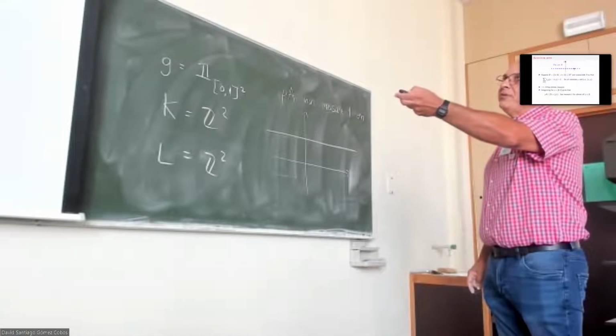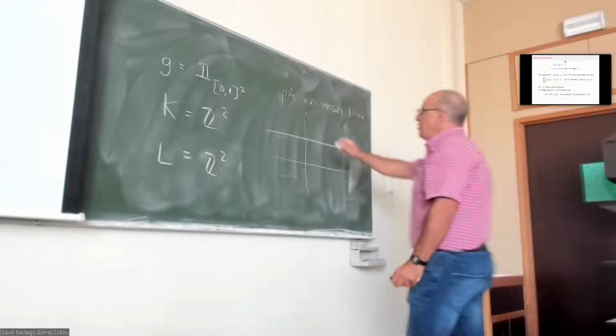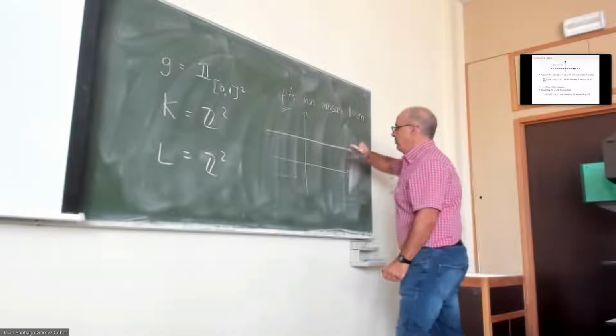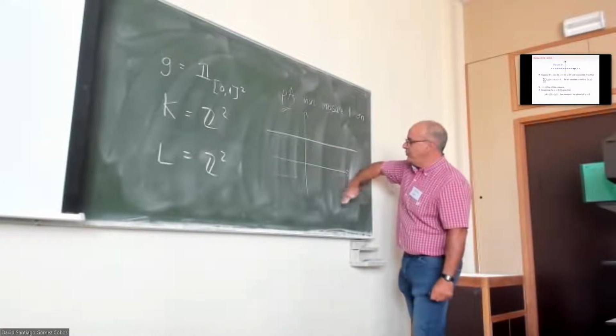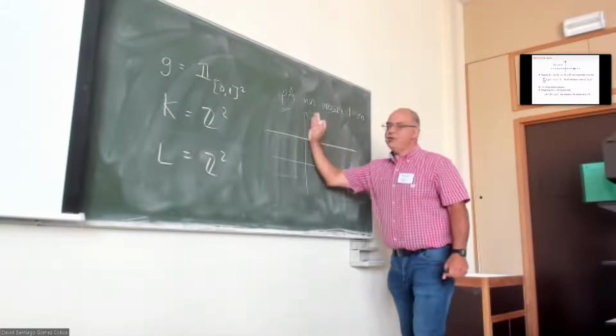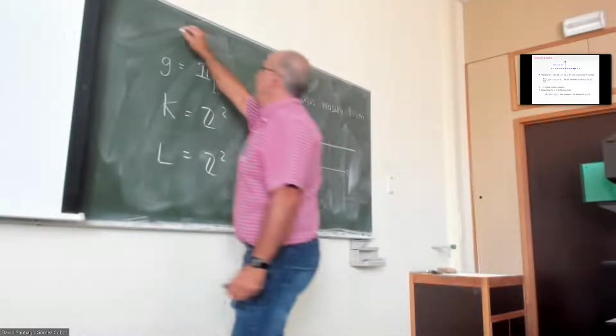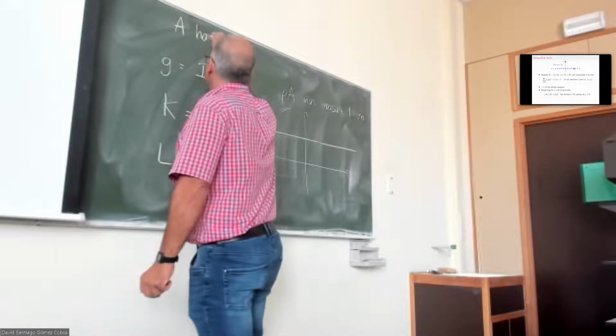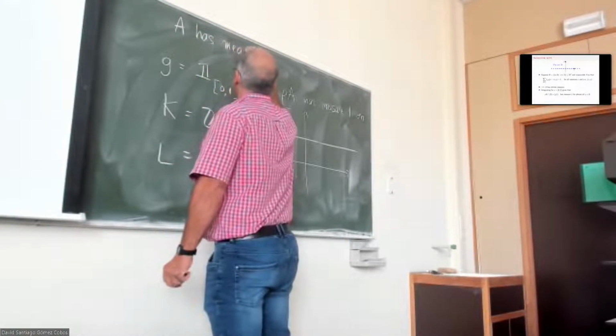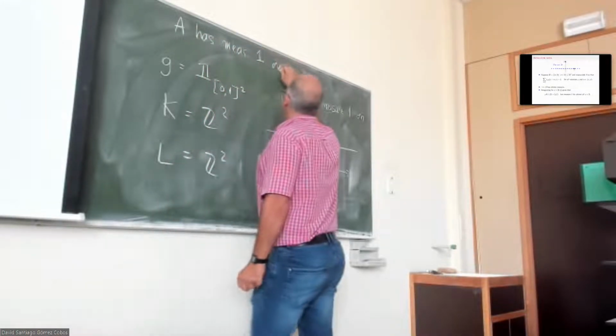Whatever happens here happens there, and so on. And since you have an arbitrary rotation here, you're going to have also those lines, every line. So what we have is that A has measure 1 on every line in the plane.